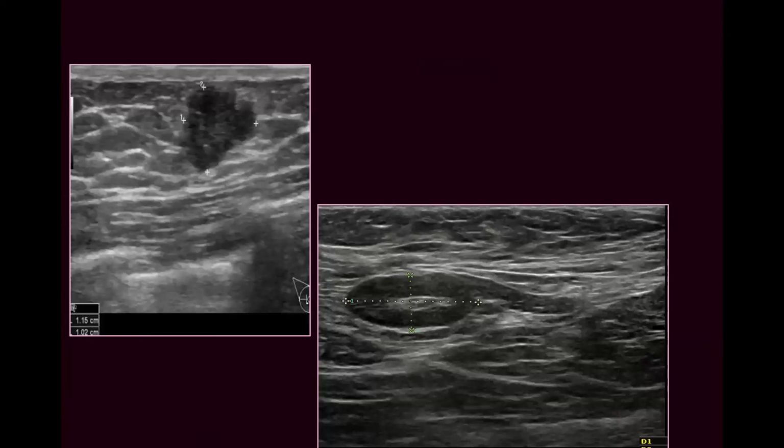If I ask you for this case, if you have this lesion here, and you have this lymph node on the ultrasound image, do you recommend biopsy for this lymph node, or will you just report it as a borderline or non-specific lymph node and leave it?